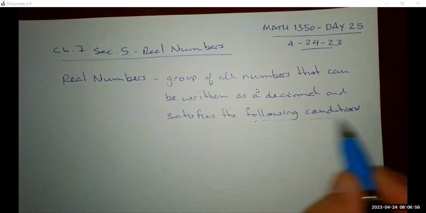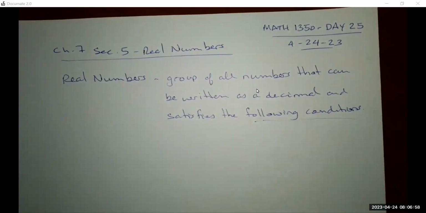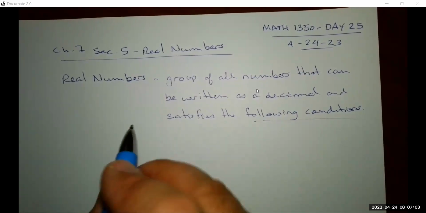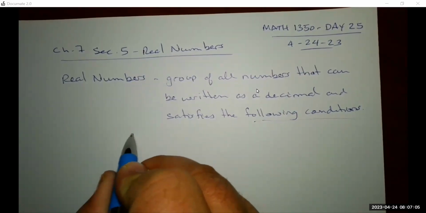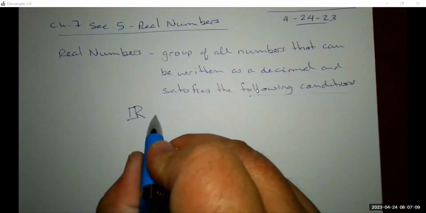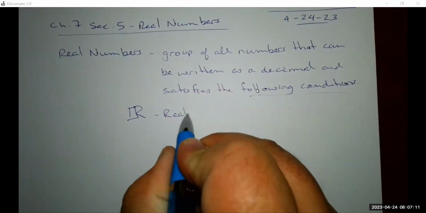These conditions are going to be the derivation of all of the real numbers. The symbol looks like a real estate agent. That means real numbers.